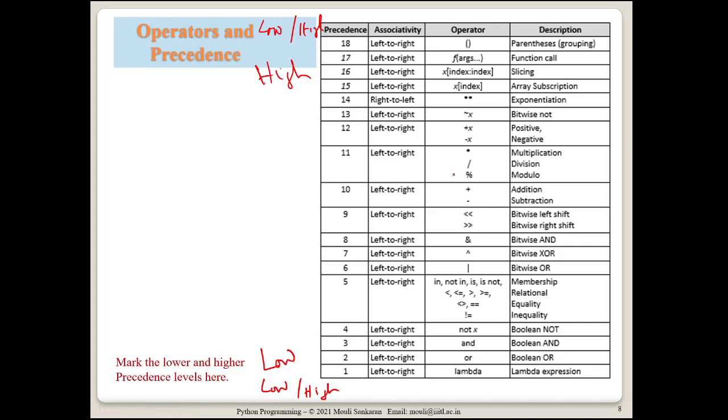Okay, let me give a clue. This at least we know in C, which is higher precedence and lower precedence. Okay, good. So I'm not confusing you. You are right. So low and high, because you know that this is high.